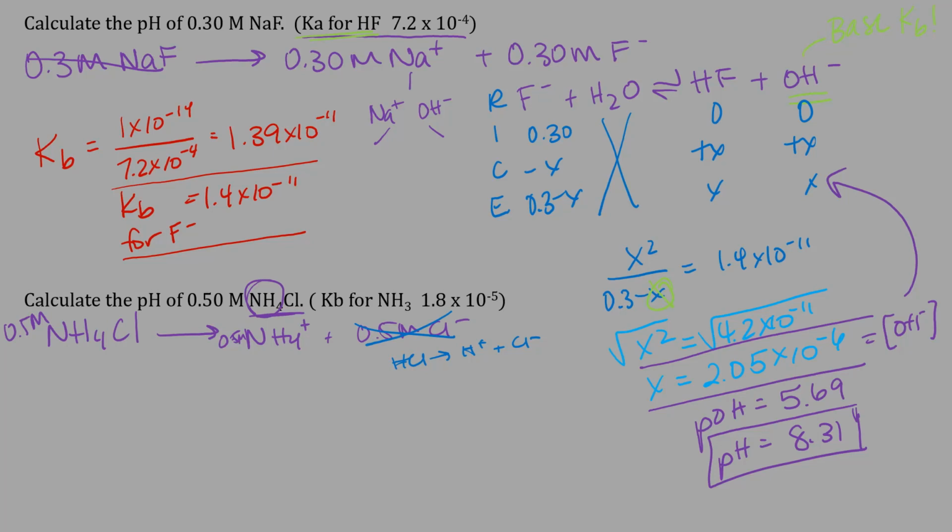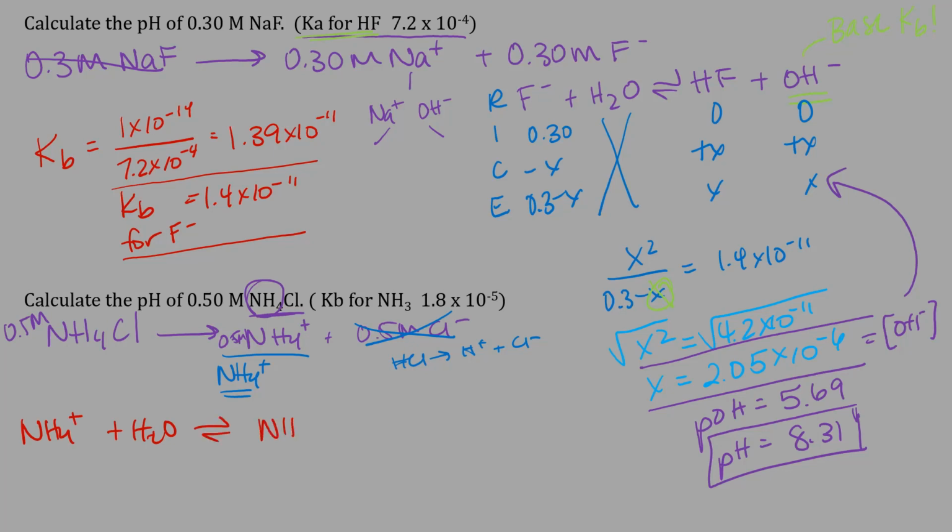All right, now if NH4 interacts with water, we have a different story because NH4 behaves like an acid because it's a nitrogen compound with an extra hydrogen. This is a conjugate acid. So it's going to produce H plus in water. All right, so if we look at that reaction, the NH4 is going to donate an H to water.